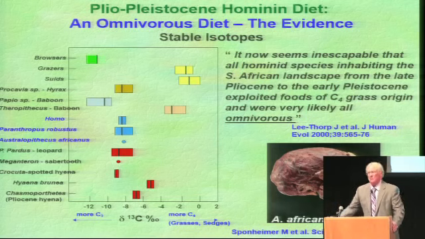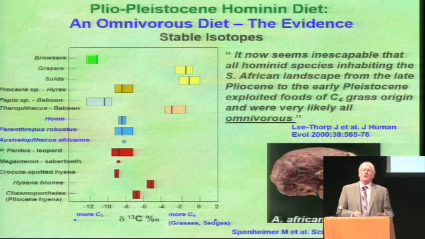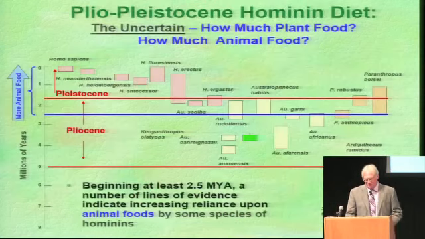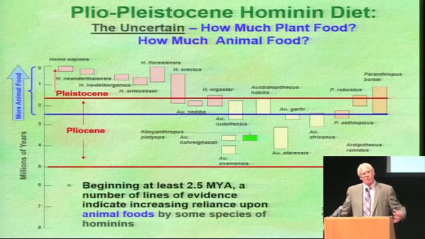So I just published a paper, and maybe some of you have seen it, in the Proceedings of the National Academy, in which we rebutted the popular press suggesting that grain eating had been done millions of years ago. It wasn't, and this is the evidence for it. The uncertainty that comes up during that Paleo-Pleistocene period is how much plant food and how much animal food all those 20 species were consuming.